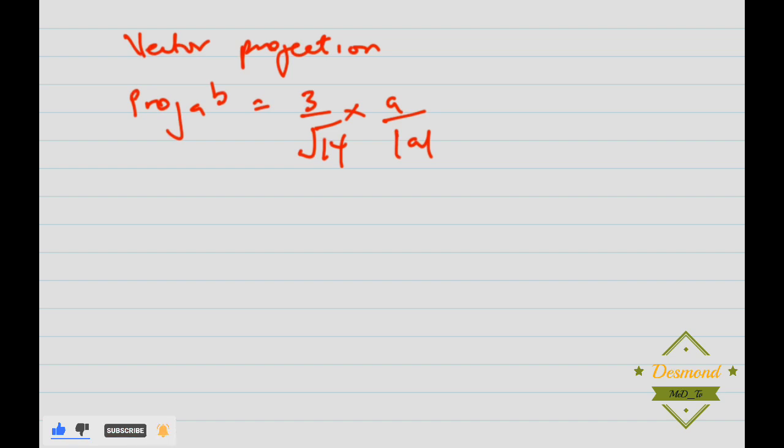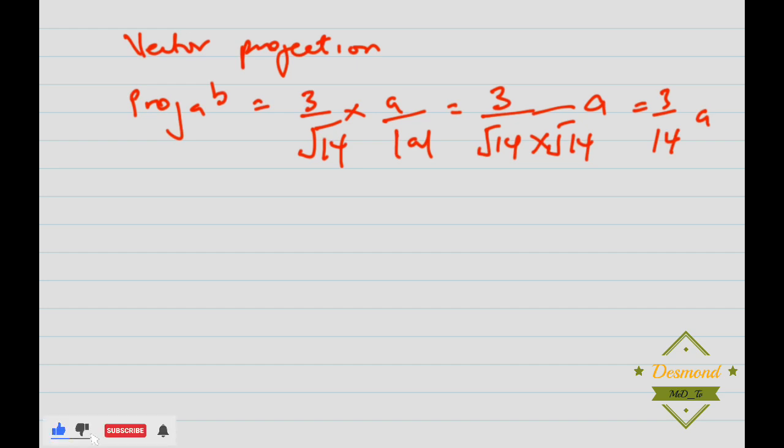And with this, we should get 3 multiplying root 14, times root 14, because we have the modulus of A, so times A. Then when we do it, we should get 3 on 14 A. Very simple.